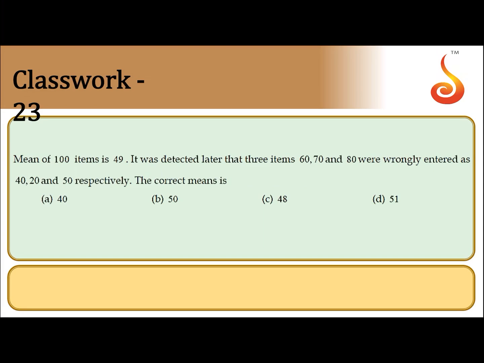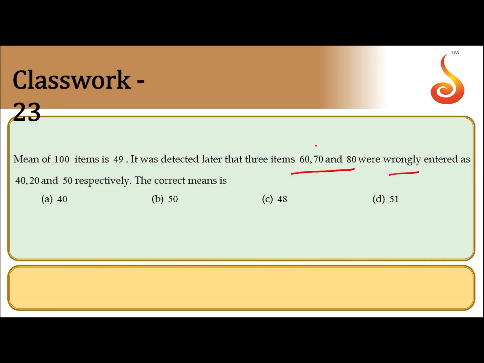The mean of 100 items is 49, and it was detected later that 3 items were wrongly entered as 40, 20, 50. So the mean of 100 items is equals to 49. So I write it is a sigma xi is equals to 100 multiplied by 49, the mean.